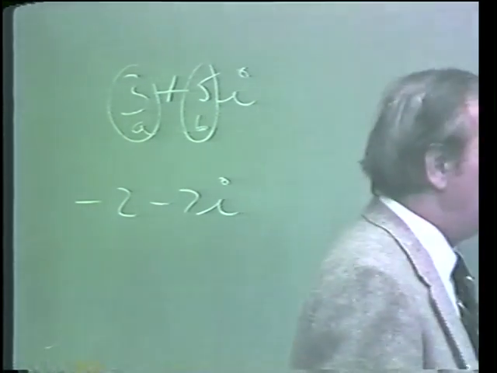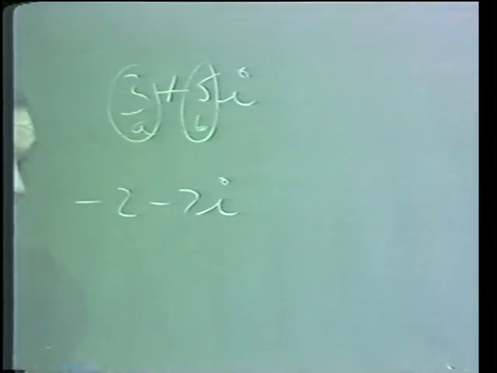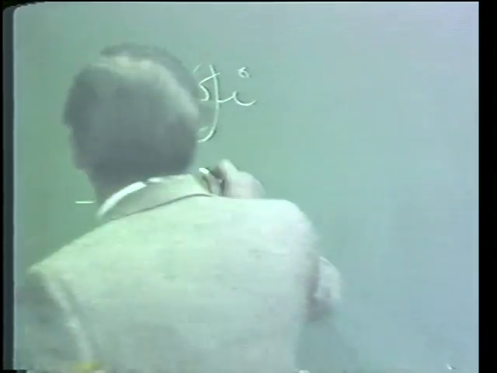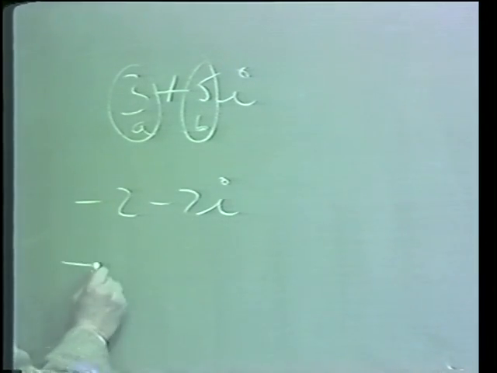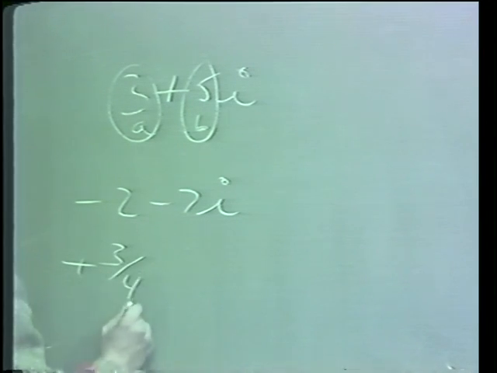In the form of a plus bi, sure. That's mine. What's a? Negative 2. What's b? Negative 7. Are negative 2 and negative 7 real numbers? Yeah, sure they are. All the numbers we had up until today were real numbers. So a is negative 2, b is negative 7. This is definitely a complex number.